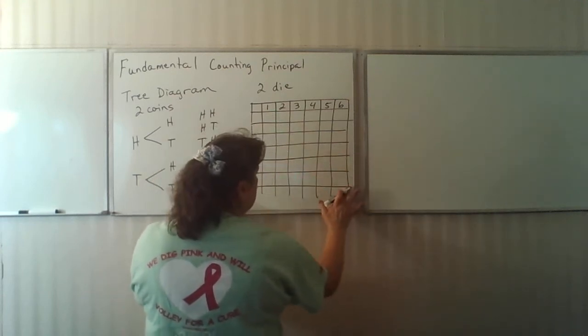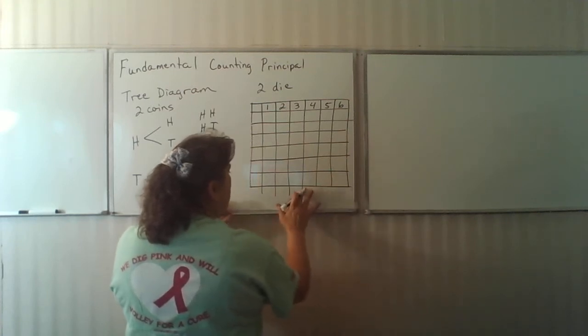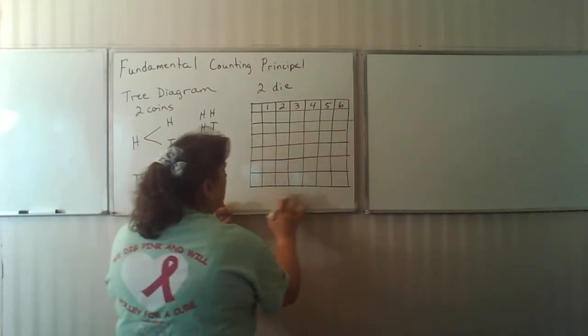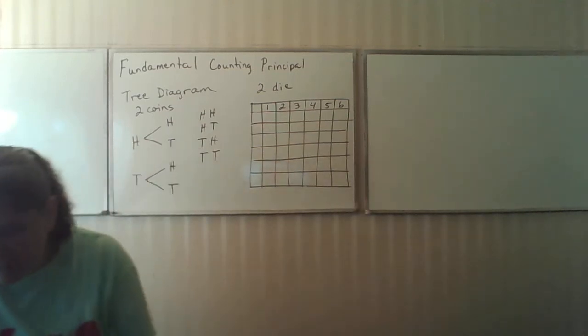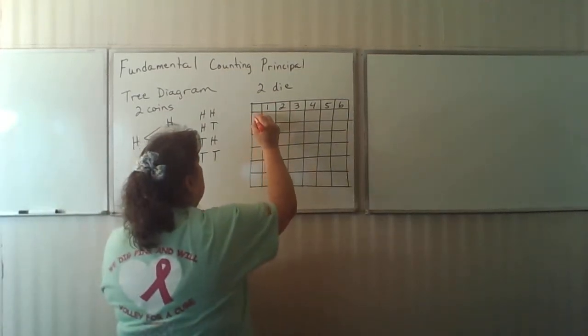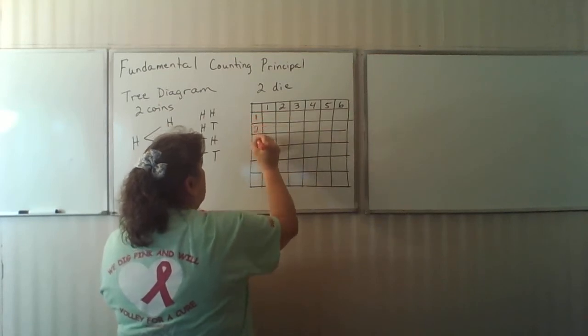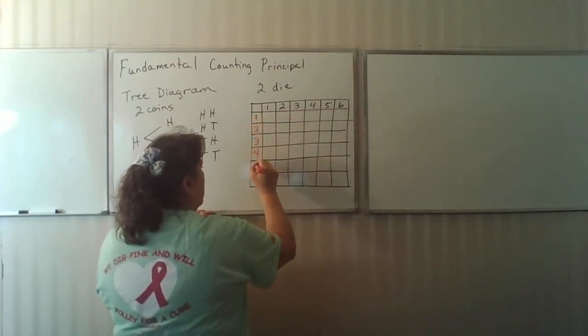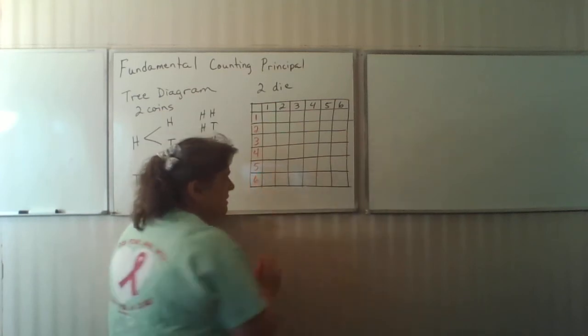In this case, we can use a chart type of diagram to see what it would be. So now, let's choose another color, and 1, 2, 3, 4, 5, and 6.